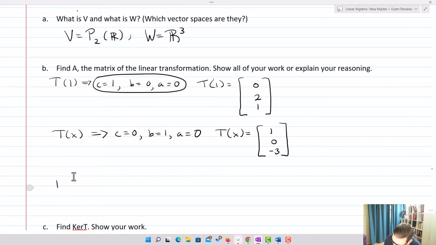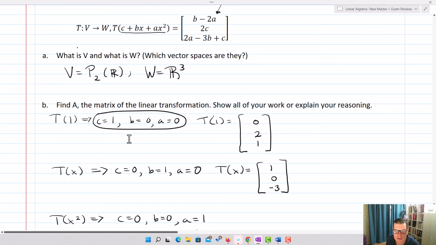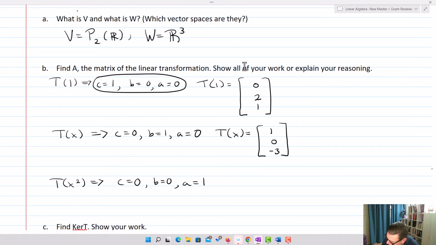T of x squared then is going to have c equals 0, b equals 0, and a equals 1. So if we look then, we've now got a equals 1, so that's going to give me negative 2, 0, 2. So I got negative 2, 0, 2.